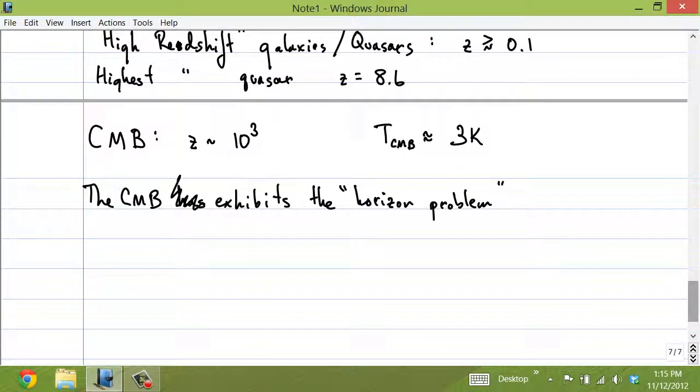So if you lie on your back and you look up at the cosmic microwave background, then you see many different regions of the universe.